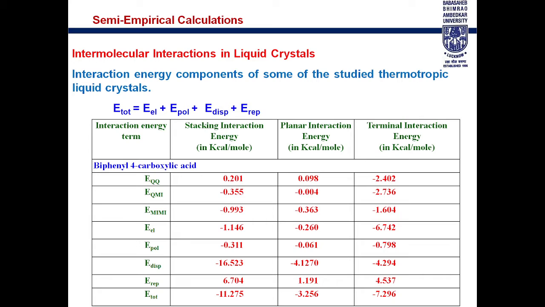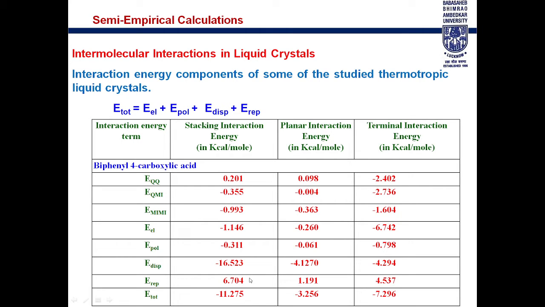Here are some calculations showing the intermolecular interaction in liquid crystals with the same formula: E total is equal to electrostatic plus E polarization plus dispersion plus repulsion. This is the case of biphenyl 4-carboxylic acid, and here are the energy values for stacking interaction.